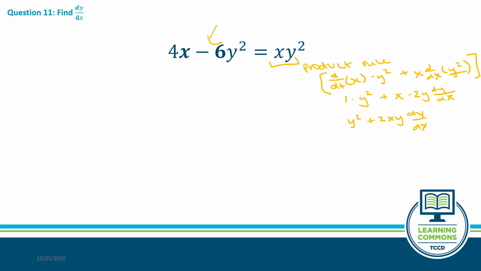Okay. So, d/dx of 4x minus d/dx of 6y. The derivative of 4x is just going to be 4 minus the derivative of 6y is just going to be 6 times dy/dx.